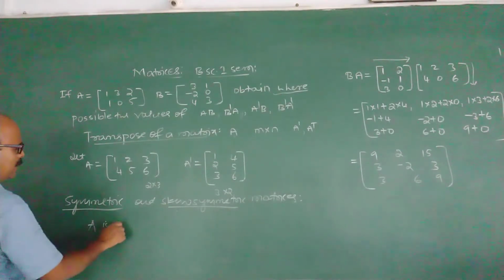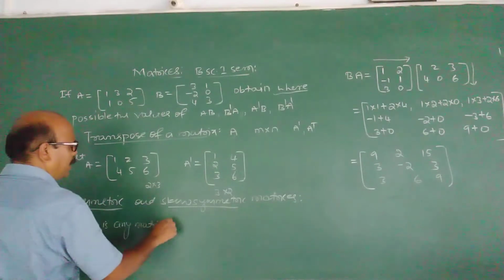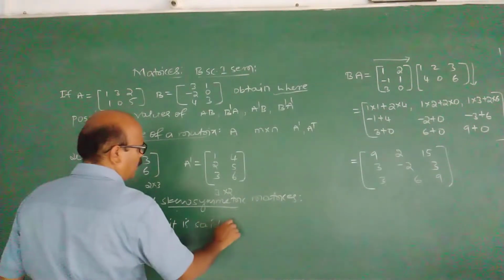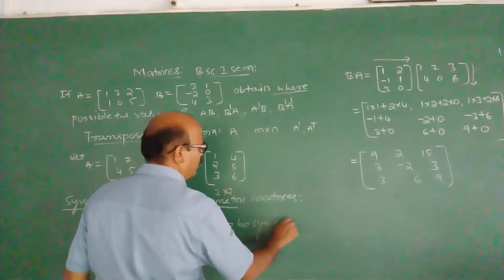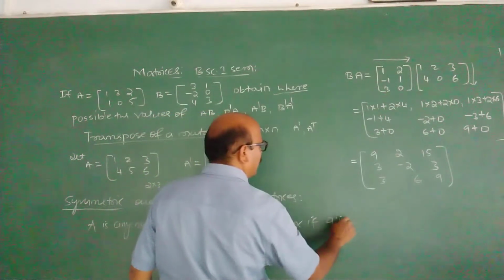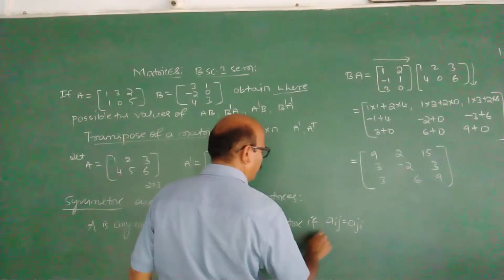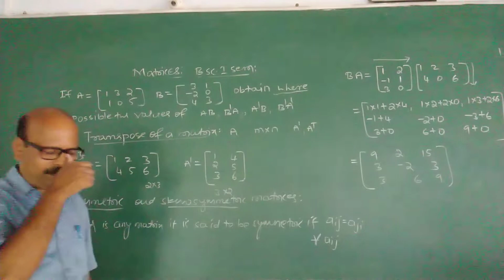Suppose A is any matrix. It is said to be symmetric if Aij is equal to Aji for all i, j. This is the definition.